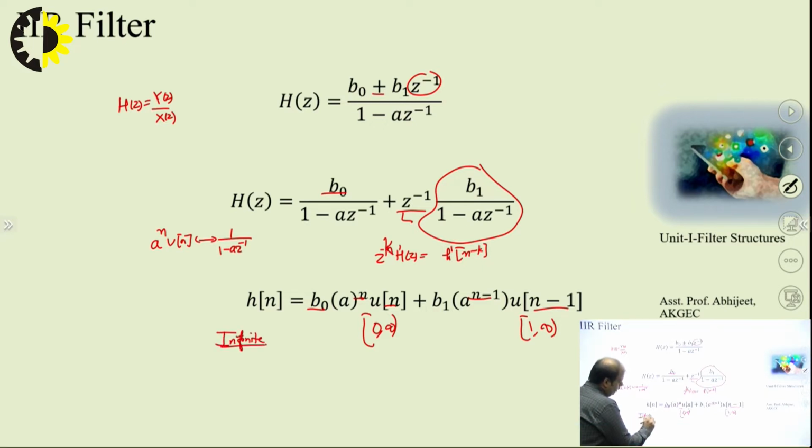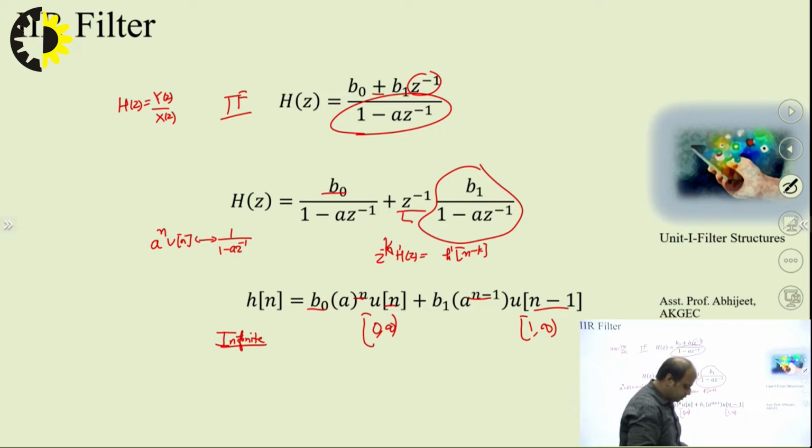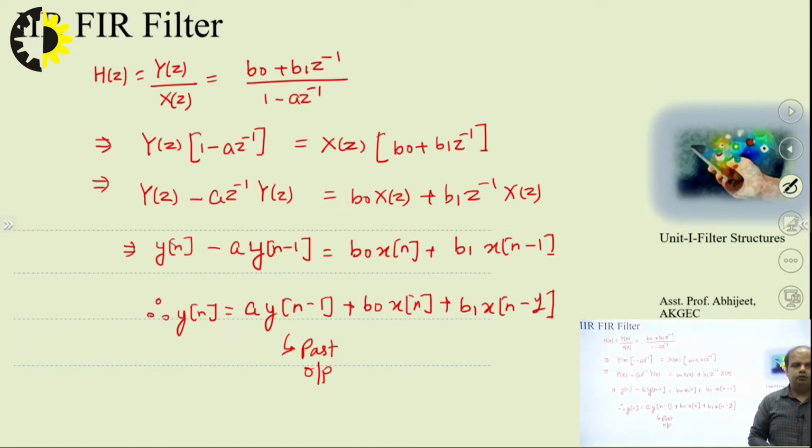As we will see further, if in the transfer function of any system there are poles, then that system will become an infinite impulse response system, just based on this part, that we will have infinite duration of the impulse response due to this structure.